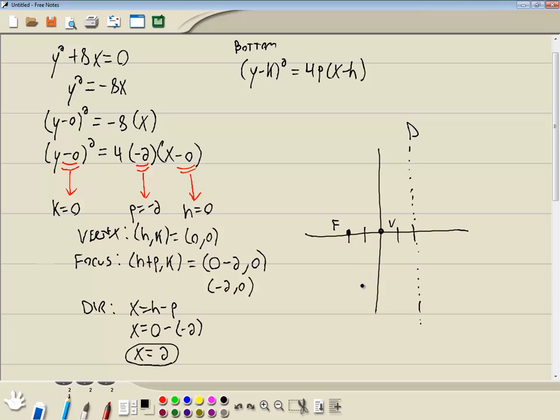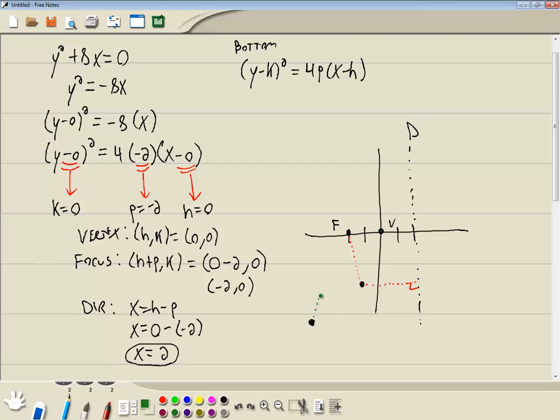Maybe right there. Again, that distance from the focus to our point should be the same as the distance to the directrix. Looks like I got a little bit off, but that's okay. Then I'll drop another point, maybe right there.